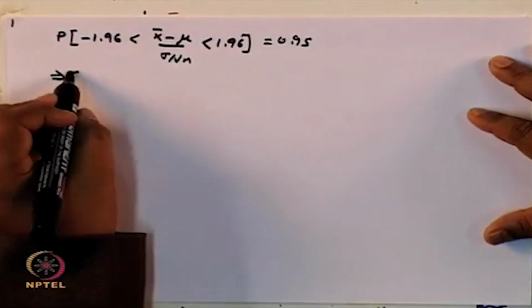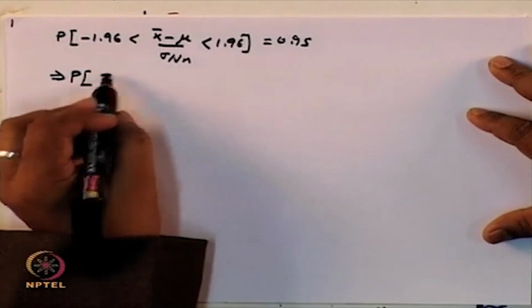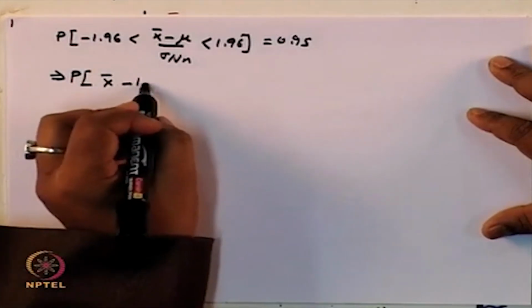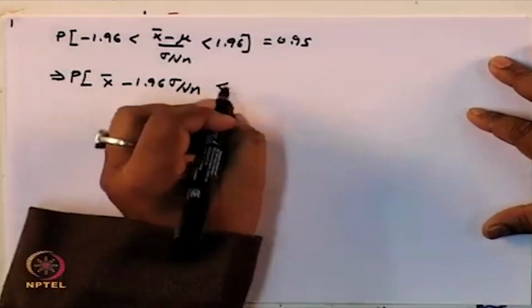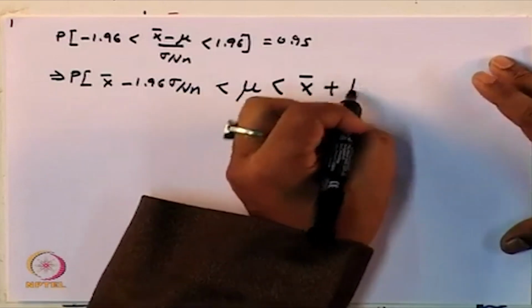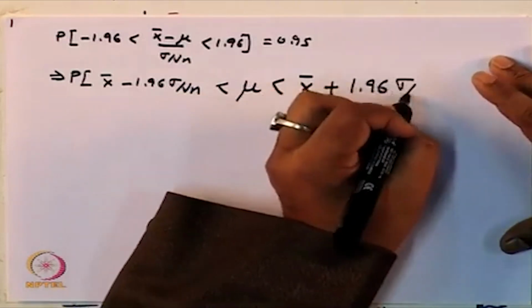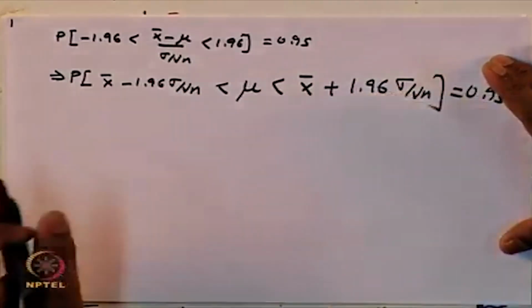Using some basic algebra, you can show that mu lies between x bar minus 1.96 sigma by root n and x bar plus 1.96 sigma by root n, with probability 0.95.